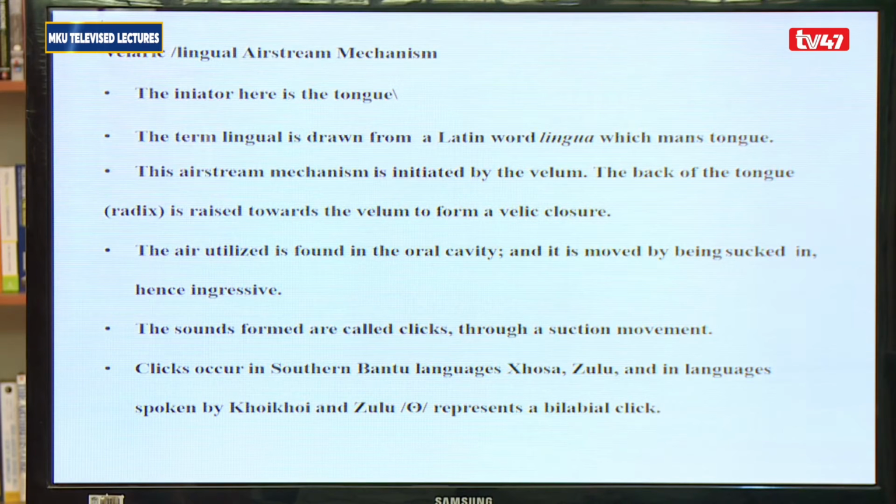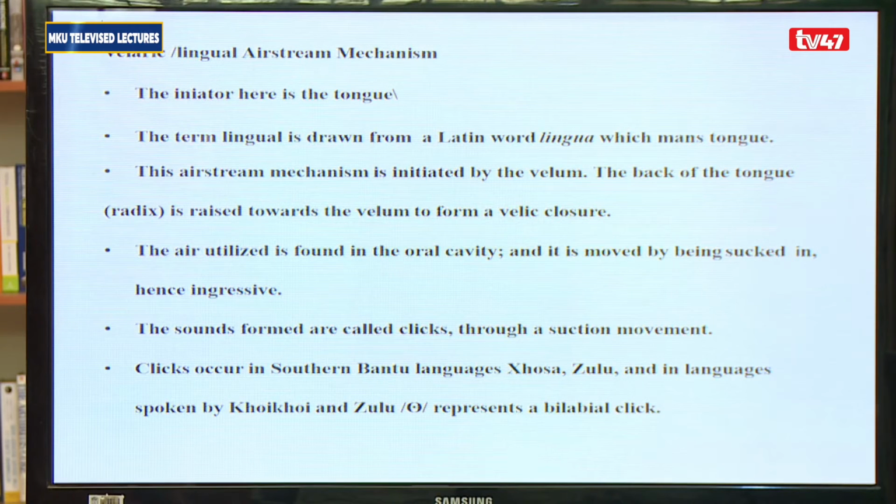The third airstream mechanism is the velaric or the lingual airstream mechanism. Now, remember we have looked at two types of airstream mechanism so far, the pulmonic and the glottalic.